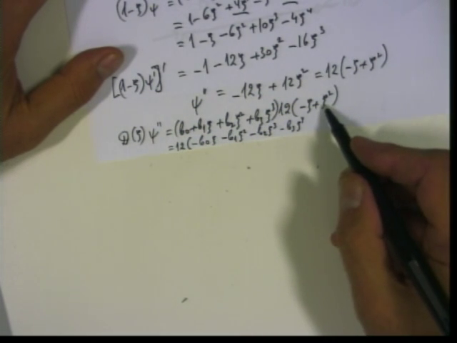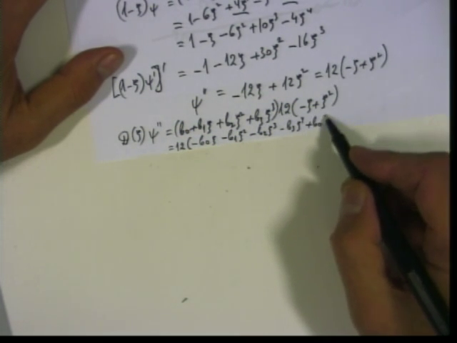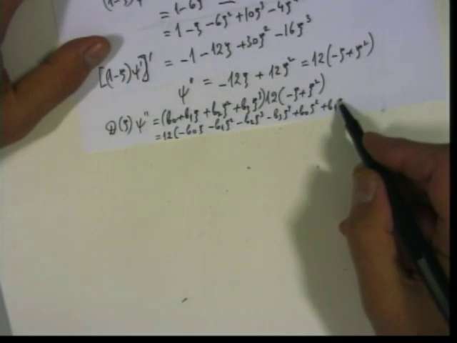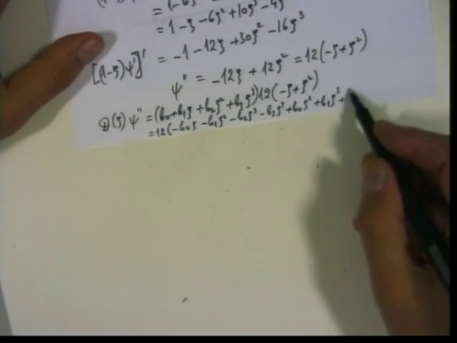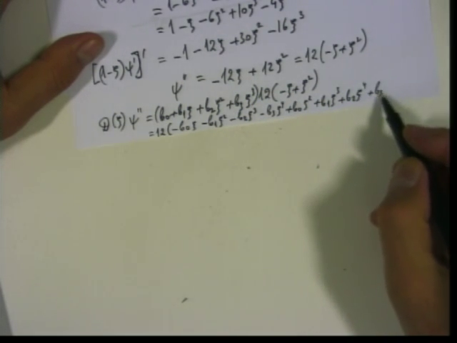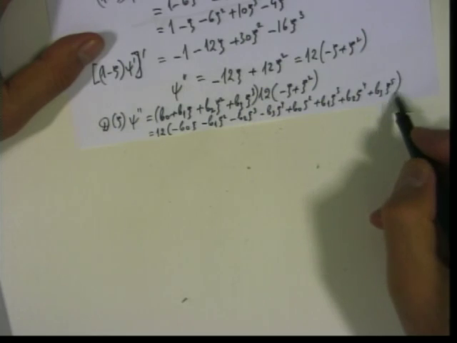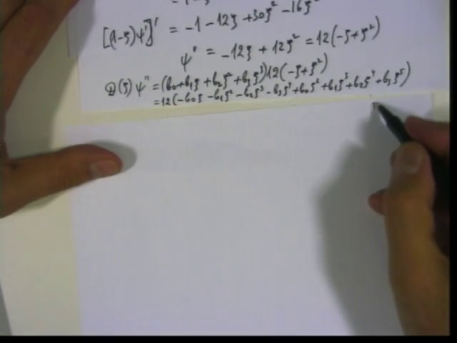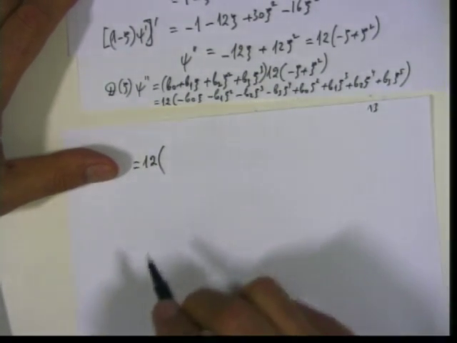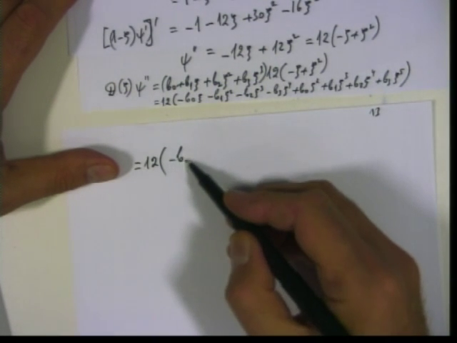Then I multiply this guy: plus b0 psi squared plus b1 psi cubed plus b2 psi in fourth power plus b3 psi in fifth power. So this equals 12, minus b0 psi.